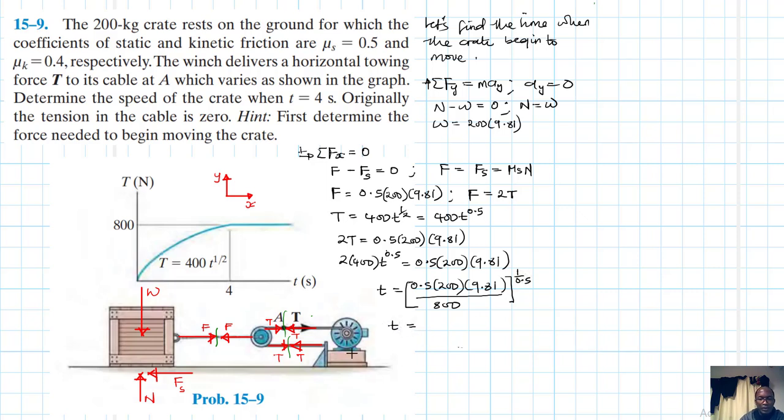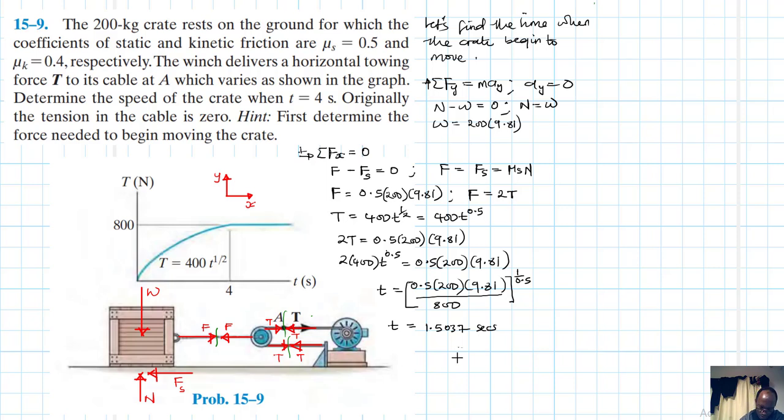Therefore, t is just going to be equal to (0.5 times 200 times 9.81 divided by 800) to the power 1 divided by 0.5. So this gives us 1.5037.